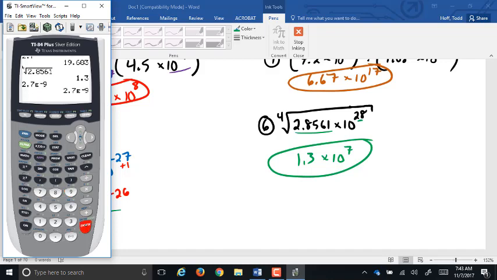I'm going to hit enter, and then I'm going to go to the power of, what was it, 3? I'm getting negative 26. On your calculator, if you do 2.7 times 10 to the negative 9, you have to hit enter first and then do the power of 3. Otherwise, it does some messy things.